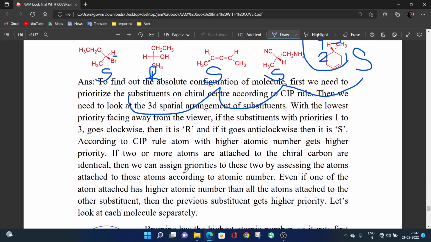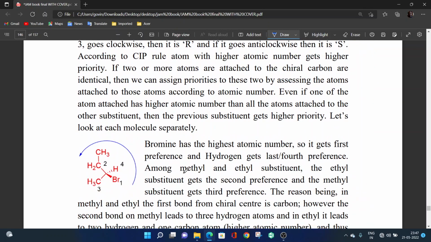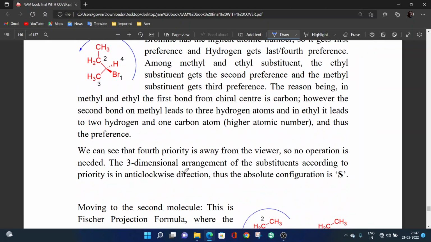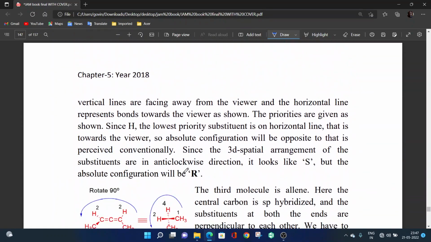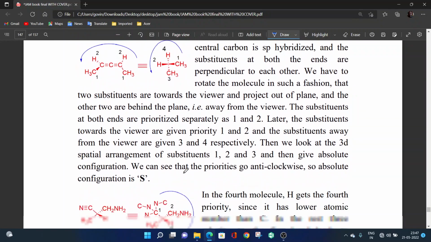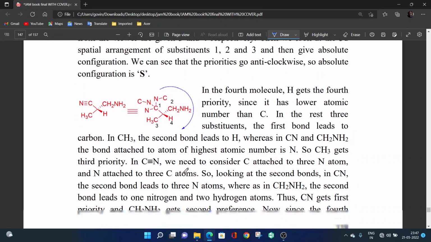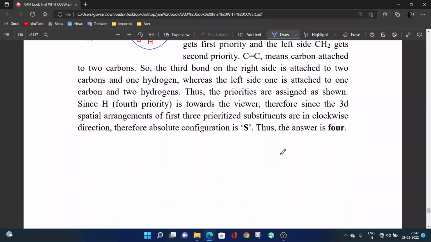You can go slowly, you can pause it and keep reading them. So the answer is 4.